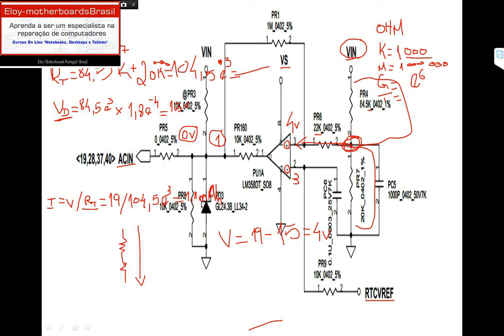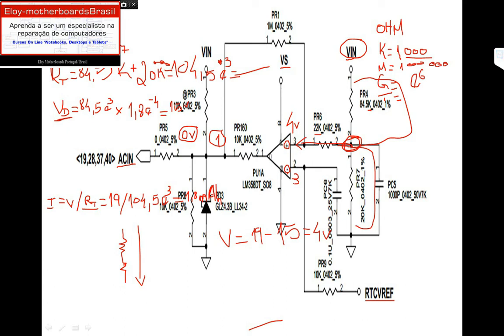As this is a comparator, we will have on pin 2 3 volts from the RTC voltage reference, and on pin 3 we will have 4 volts. As 4 is higher than 3, on pin number 1 of this PU1A we will have this logic one signal named AC in.